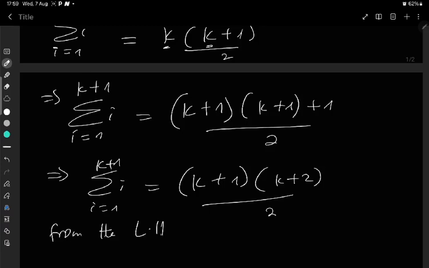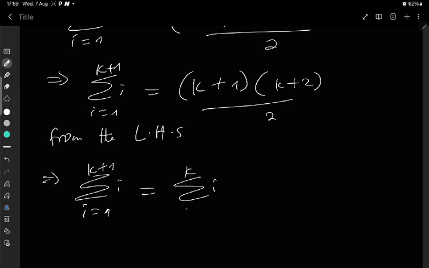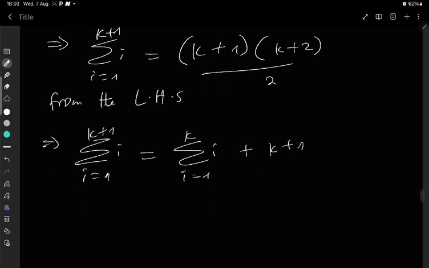Now from the left hand side, we know that the sum of i beginning from 1 to k plus 1 can be broken down to the sum of i beginning from 1 to k, plus k plus 1.